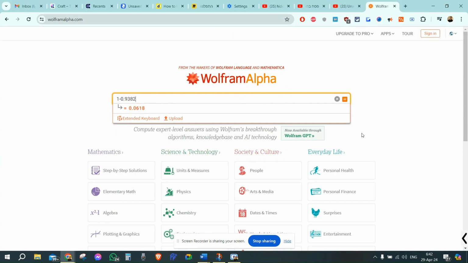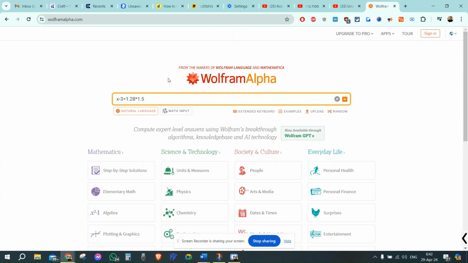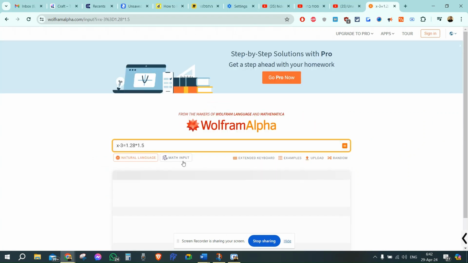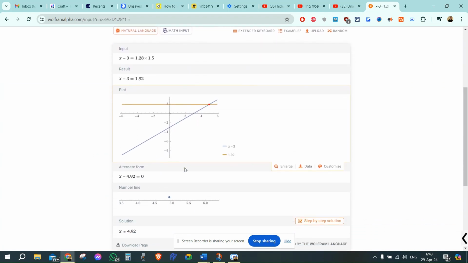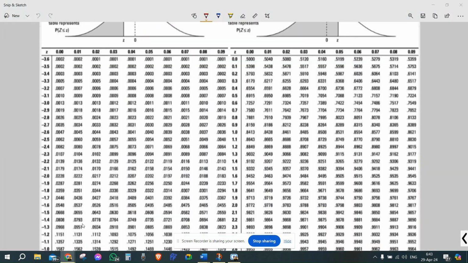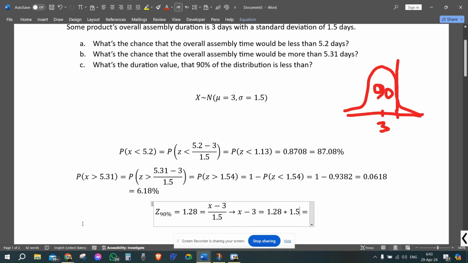We're going to do this using pretty straightforward and simple mathematics. And we're going to get that x equals 4.92. So let's write that down. That means that x equals 4.92. So that means that if the assembly time is 4.92 days, 90% of the cases are less than this value, and 10% of the cases are greater than 4.92 assembly days.